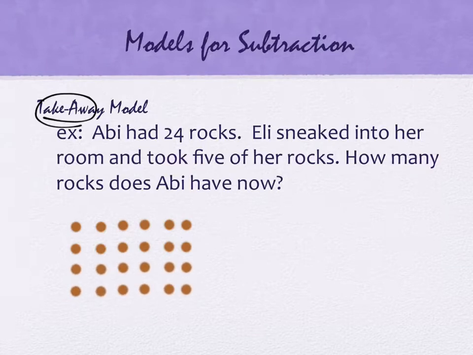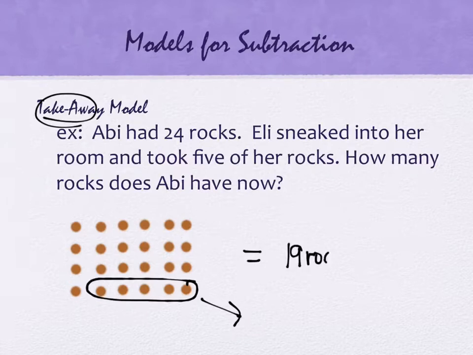So in terms of a visual demonstration, if I started out with 24 rocks and Eli comes and takes some of them away, how many rocks are left? Had 24? 19, right. So there's 19 rocks. And remember to put the word rocks. 19 rocks remain.